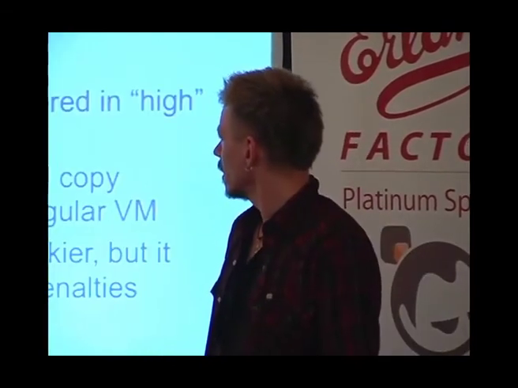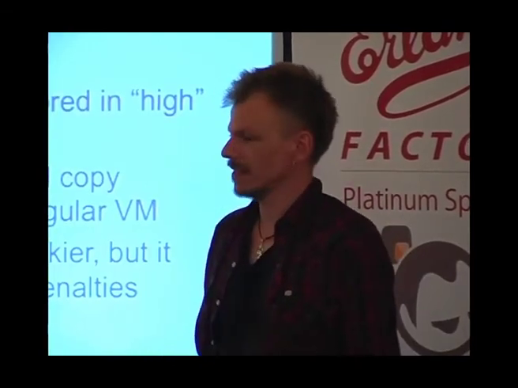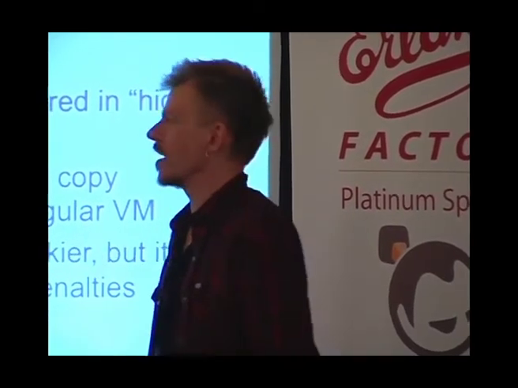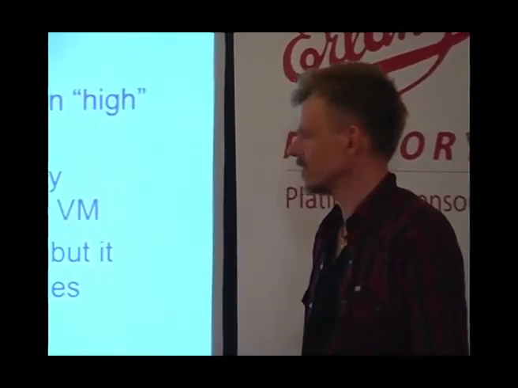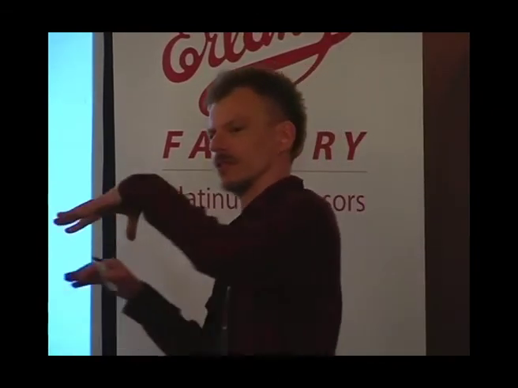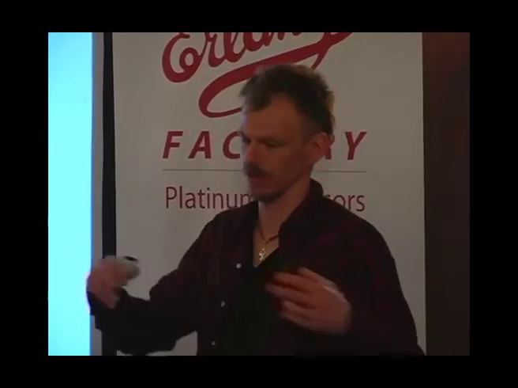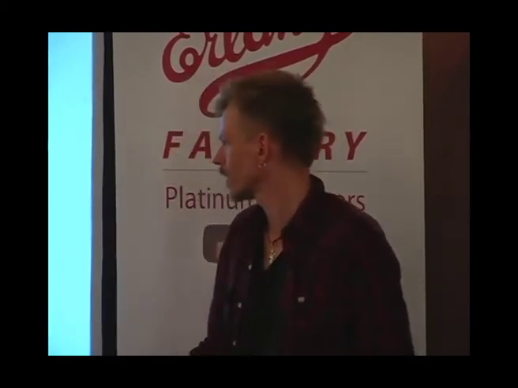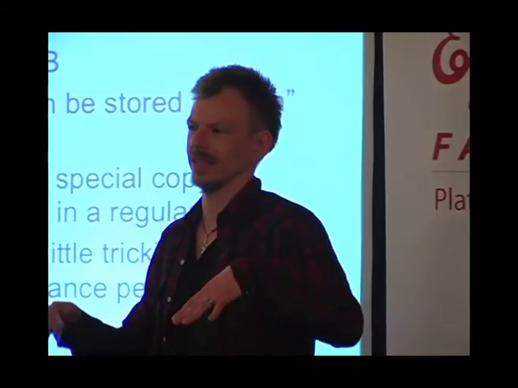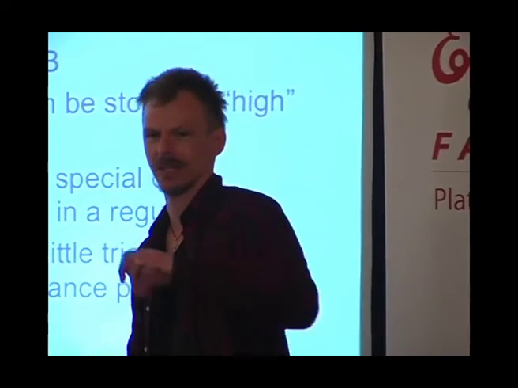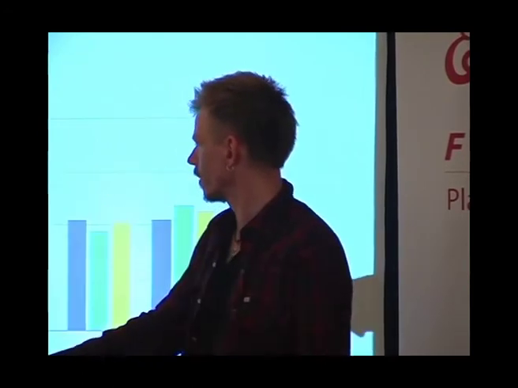You have to be a little bit careful. So ETS we solved by this array approach. We have a special copy function that goes from the array approach to the lower part of the memory approach when you copy from the ETS table to the process heap and so on. Some operations like matching in ETS tables, like the match specs and so on, were a little bit more tricky, but it was solvable.